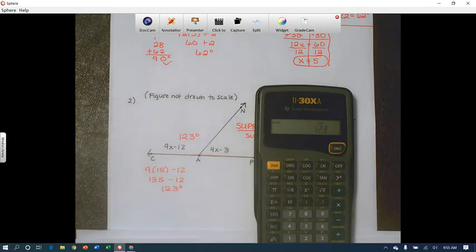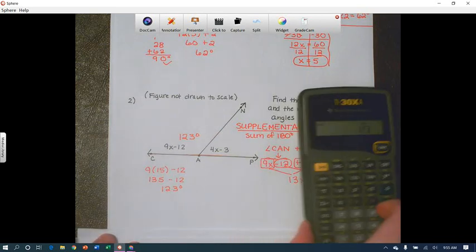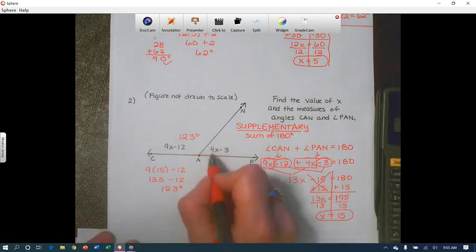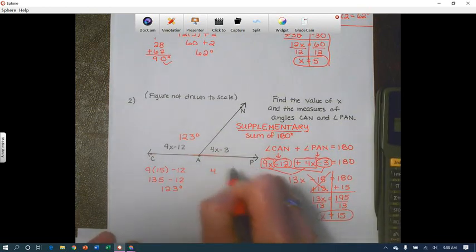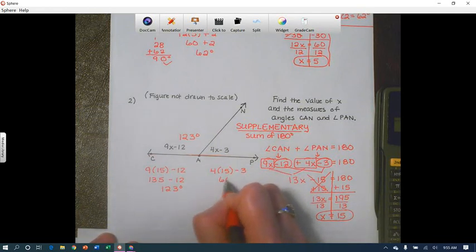That's what I got for the measure of angle CAN. And now let's do angle TAN. 4x means 4 times x is 15 minus 3. 4 times 15 is 60. 60 minus 3 is 57 degrees.